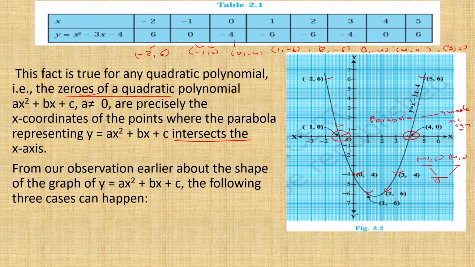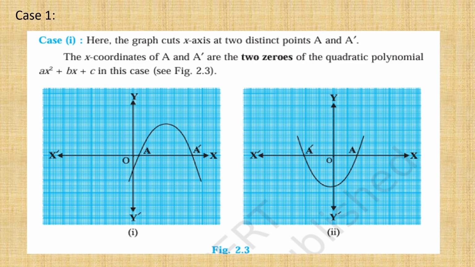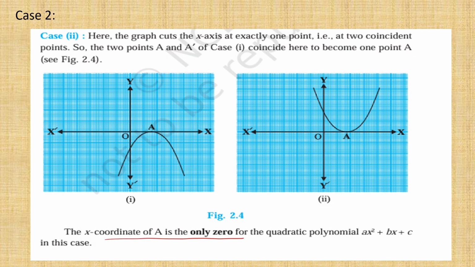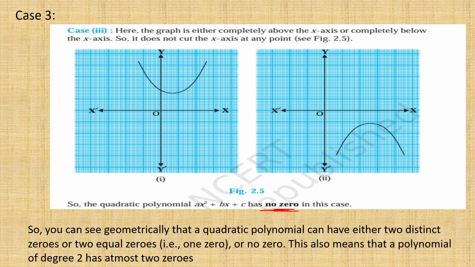The shape of a quadratic polynomial is a parabola. If the coefficient of x square, that is a, is greater than 0, it is downward. If a is less than 0, it is upward. What are the different possibilities of a parabola? The parabola intersects the x-axis at 2 distinct points, a and a dash, or at only 1 point, or does not intersect the x-axis at any point.